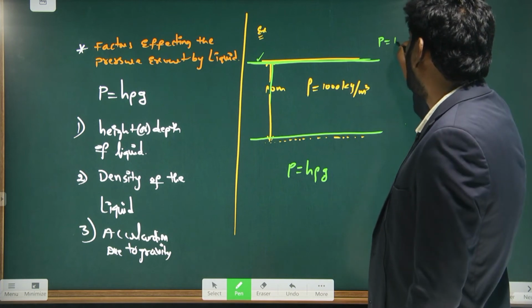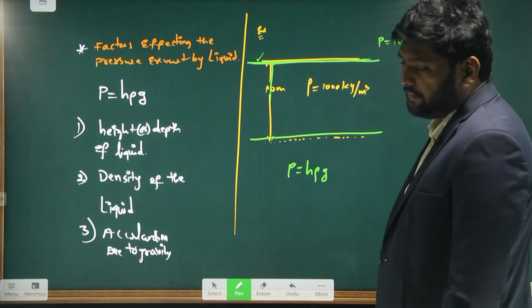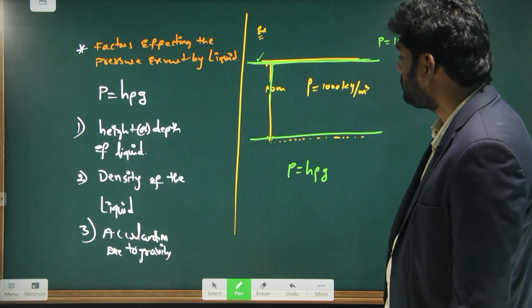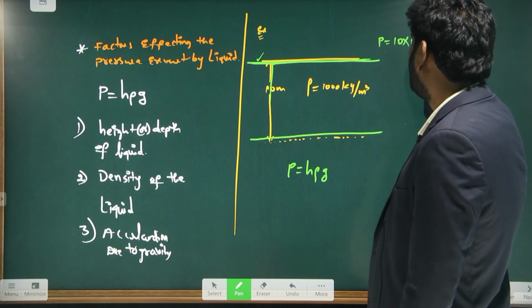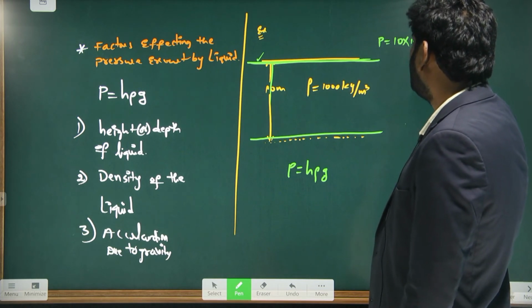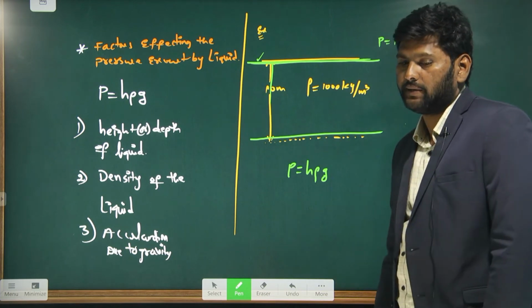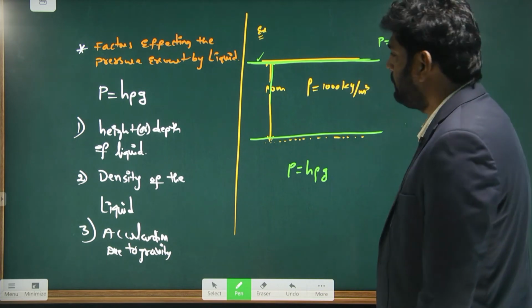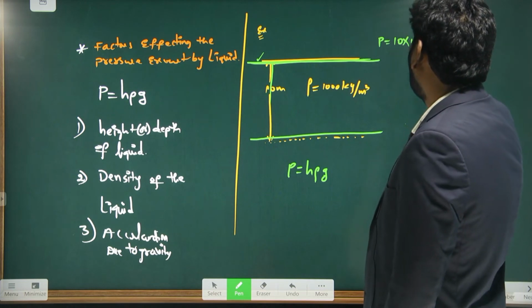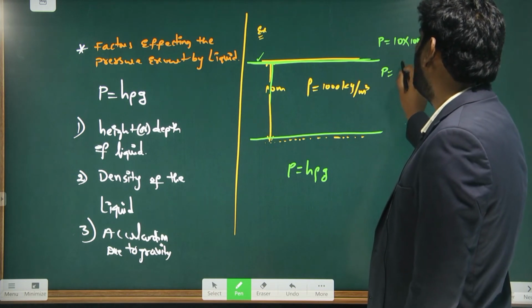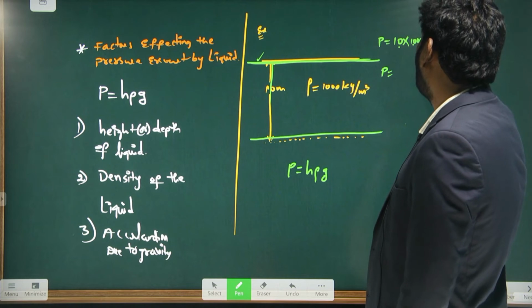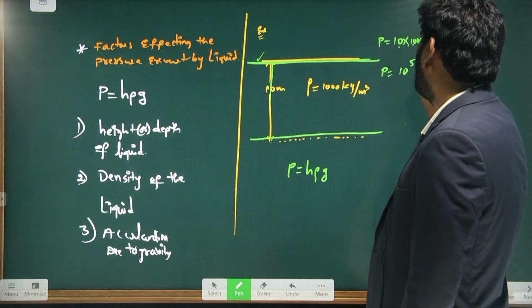Then 10 into the density of the water, 1000, into the acceleration due to gravity on the earth surface, 9.8. I'll take 10. So finally, 1, 2, 3, 4, 5, which is 10 power 5.